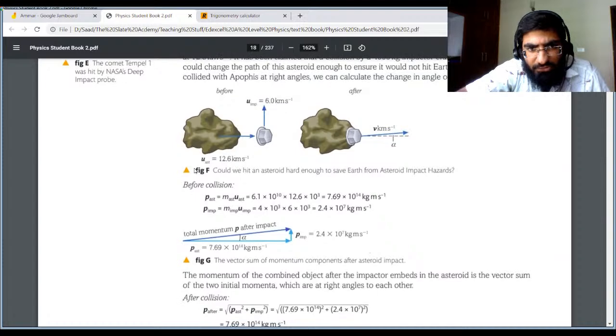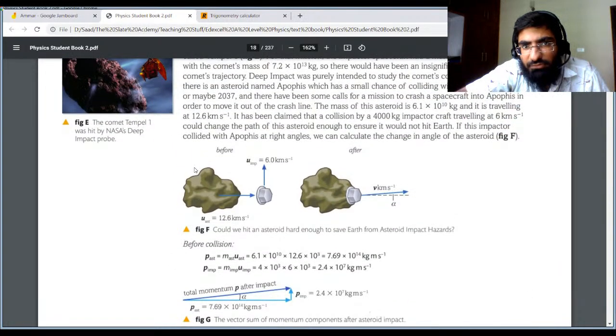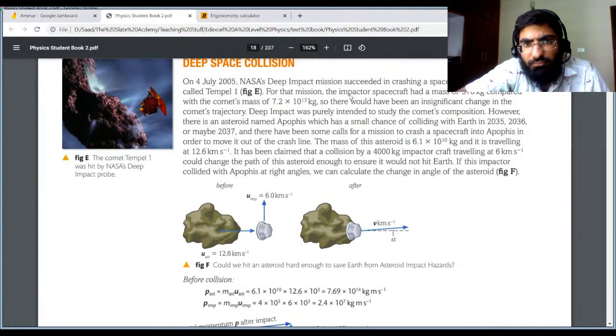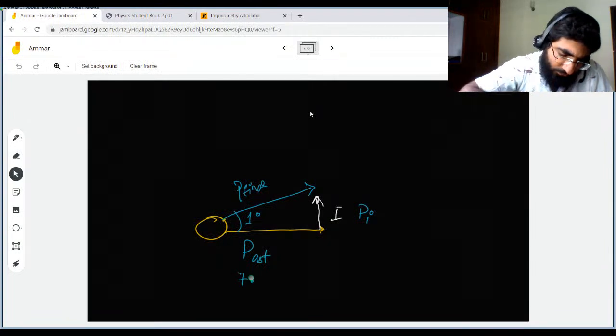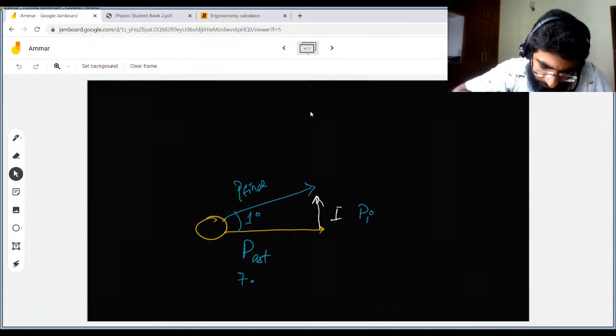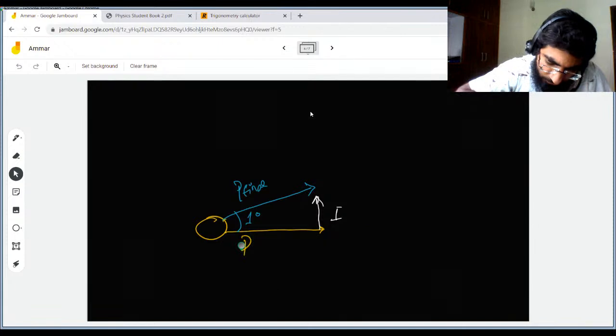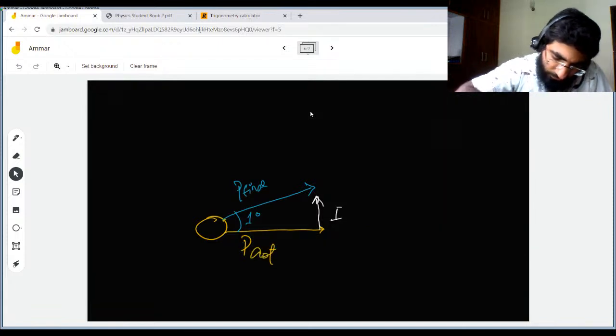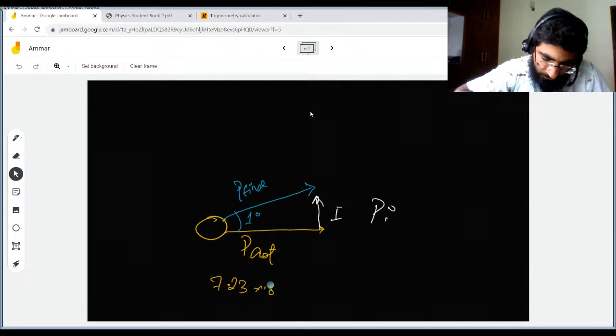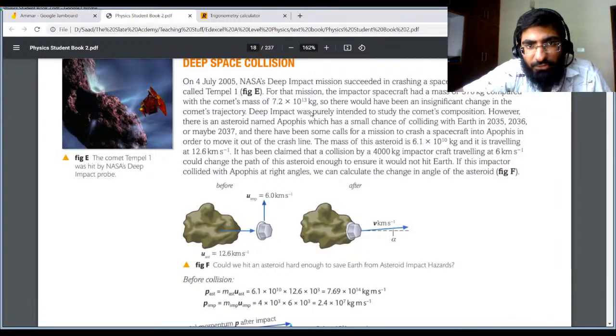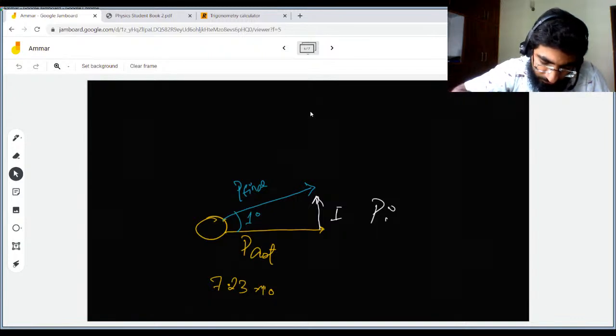Horizontal velocity is... the comet's mass is 7.23 into 10 raised to the power 13. That's the mass of this thing.